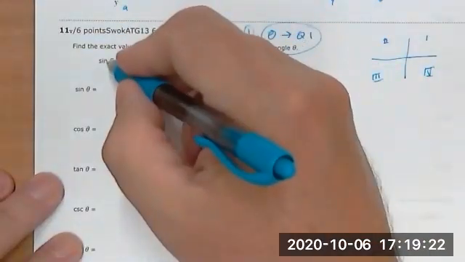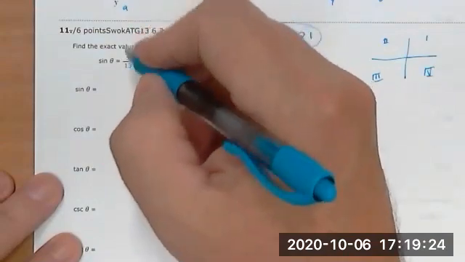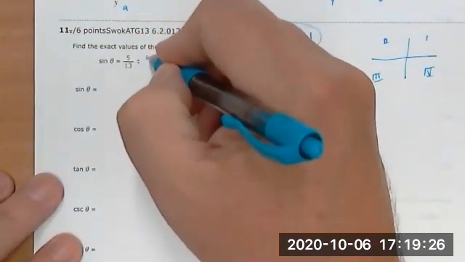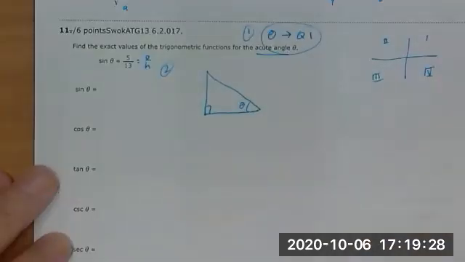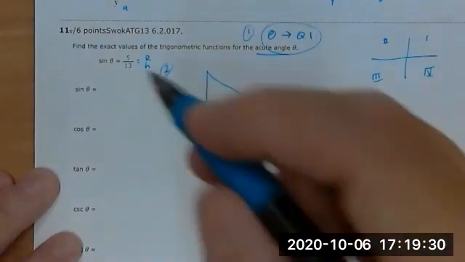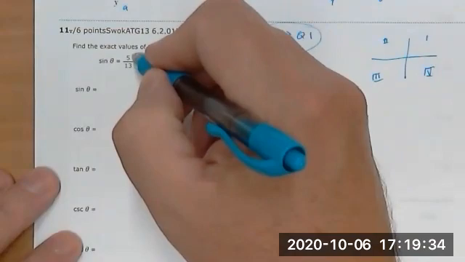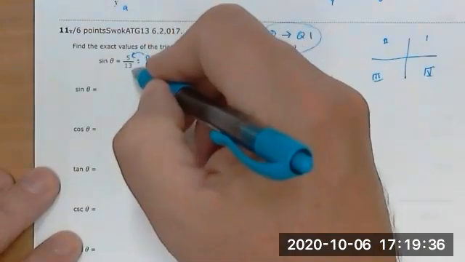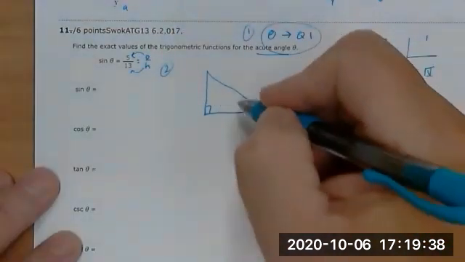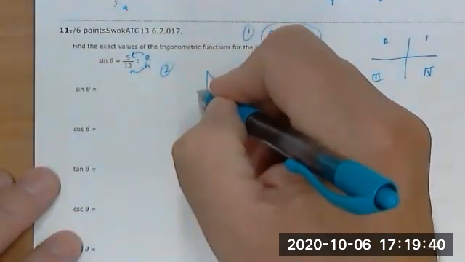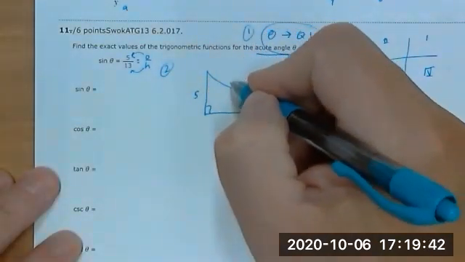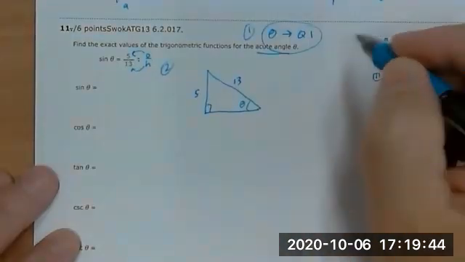And I do that by saying the sine, SOH, the sine is opposite over hypotenuse. So I could create a triangle where the opposite side is 5 and the hypotenuse is 13. So let's do it. Opposite, I'll say this is 5, hypotenuse is 13.